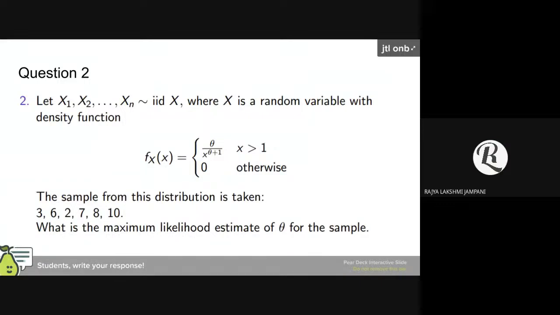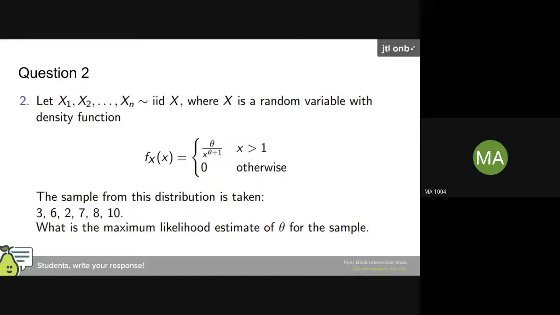And another cheat is that whatever answer we get, if we substitute and take an integral from 1 to infinity, it should be giving 1. Whatever the value theta you put here, if you integrate it, it will be 1 only.